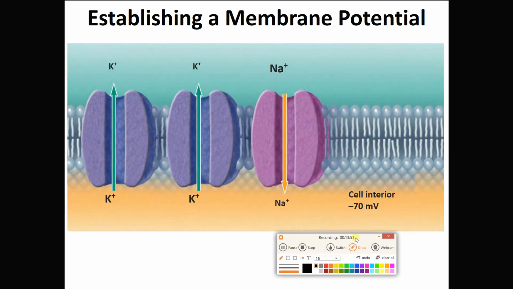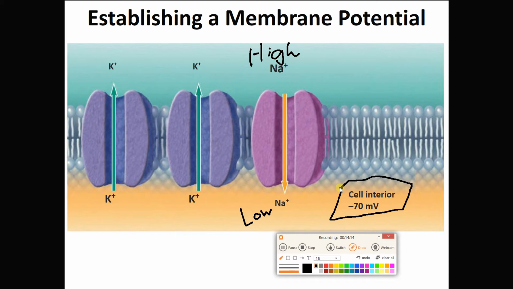Sodium is high on the outside and low on the inside. And so sodium is always leaking in. And that is going to make my interior a little more positive, which brings me from negative 90 down to negative 70. And this is my membrane potential.